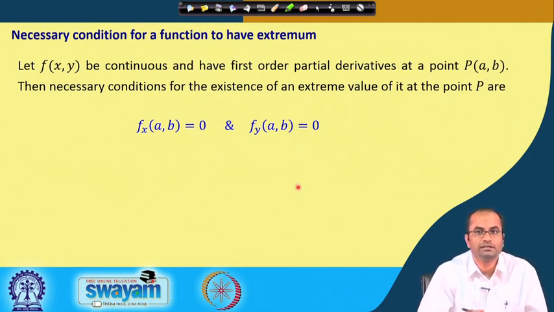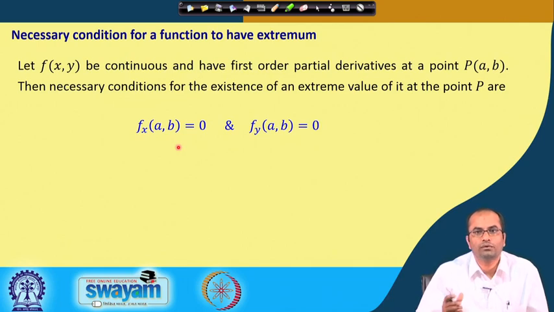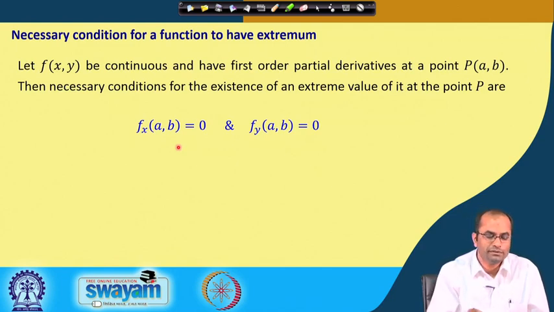This is what we are calling necessary conditions. That means, without these conditions we cannot have a local maximum or local minimum at this point. So, if a point (a, b) is a point of local maximum or local minimum, then definitely these partial derivatives must vanish at that point.